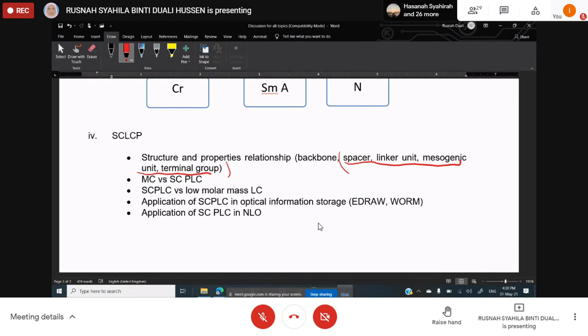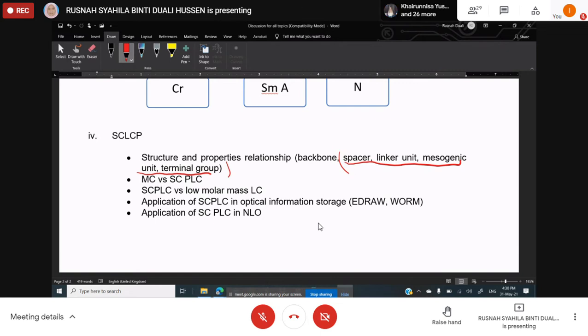Normally the material that we need is supposed to be liquid crystal at room temperature. So let's say the Tg is around 50, higher than room temperature. But if we change to something more flexible, maybe they will be able to show the liquid crystal phase lower than room temperature. So that will be more useful for us.